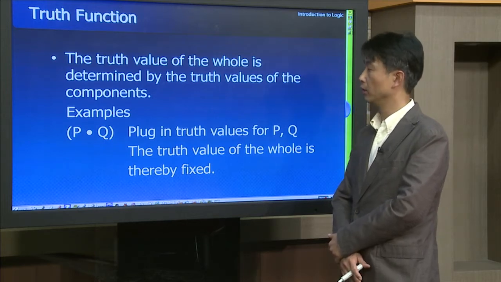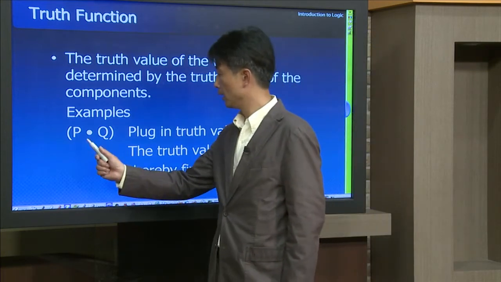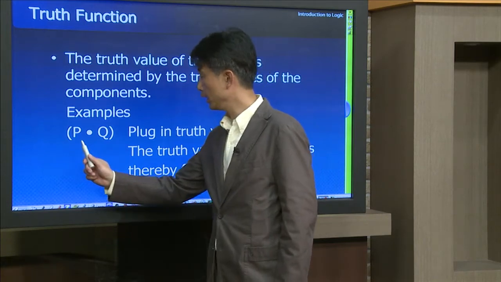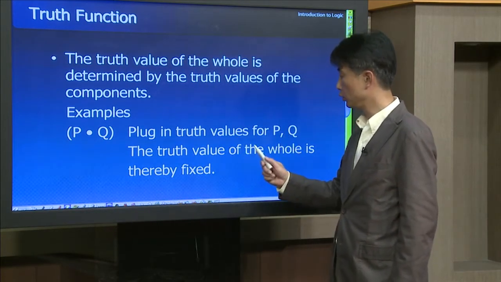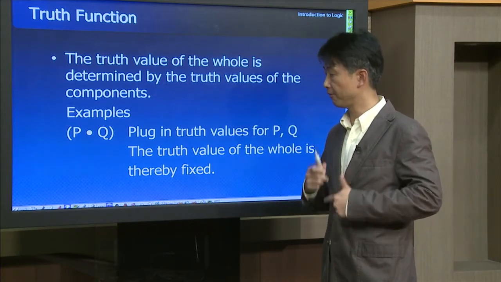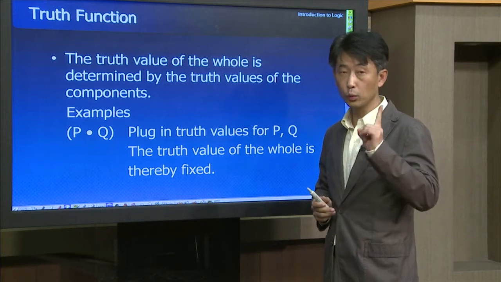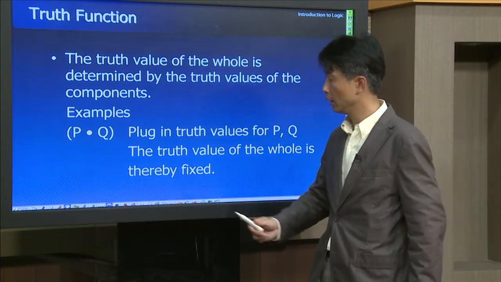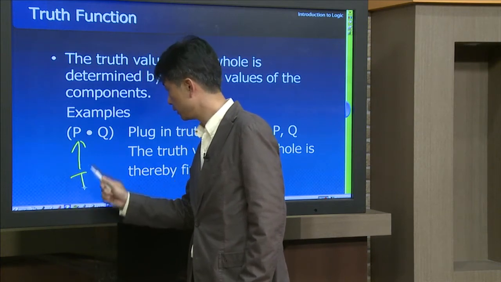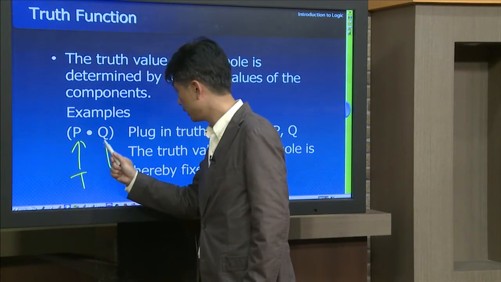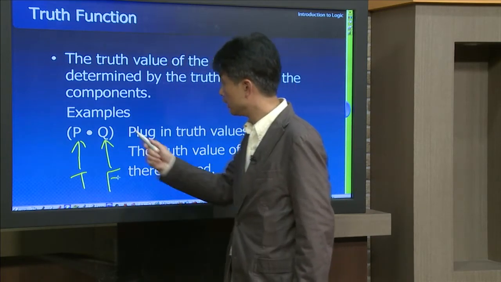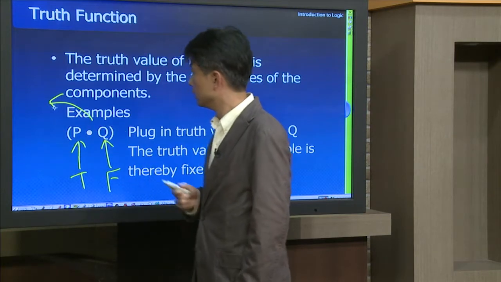What does that mean? Well, for example, look at P dot Q. You plug in the truth values for P and Q, then the truth value of the whole sentence is thereby fixed. There is only one value coming out. So when you put, let's say, T for P and F for Q, what comes out is only one.